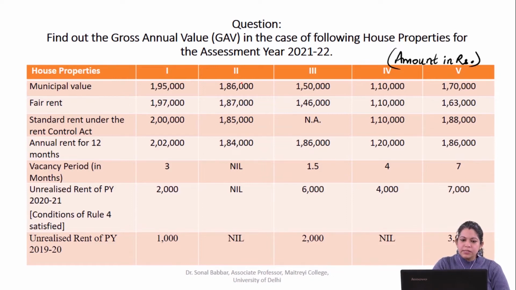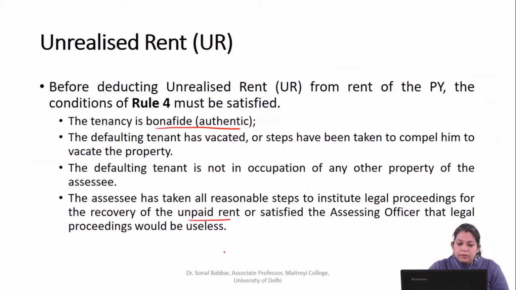There are 5 properties in question, property 1, 2, 3, 4 and 5, and the municipal value, fair rent, standard rent under the Rent Control Act, annual rent for 12 months, and vacancy period specified in number of months. Unrealized rent of the previous year 2021 is given where it says conditions of Rule 4 satisfied, and unrealized rent of the previous year 1920 is also given.